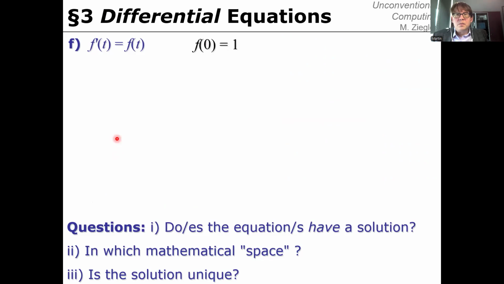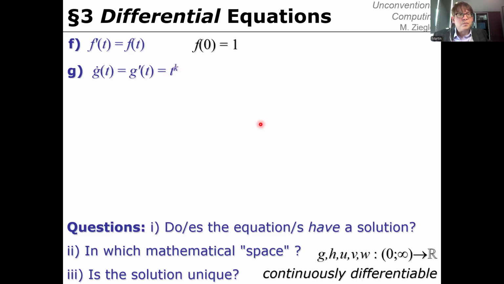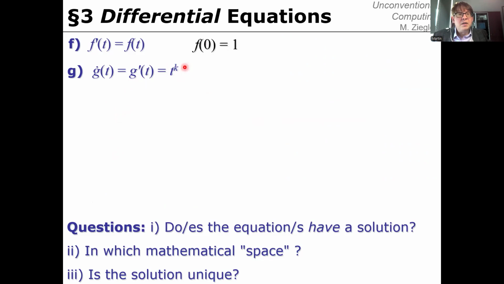Good. Now let's look at more differential equations. Here's another one: g prime equals t to the k, where k is a constant. You also see the terminology g prime or g point. Let's say k is 1. The differential equation says g prime of t should be t.